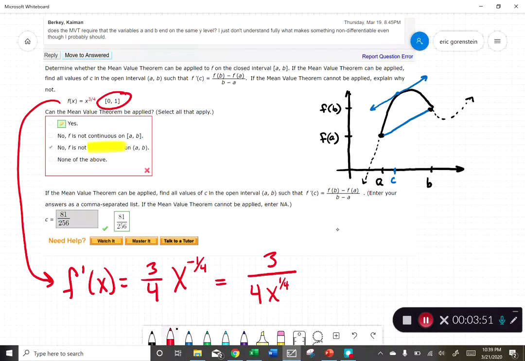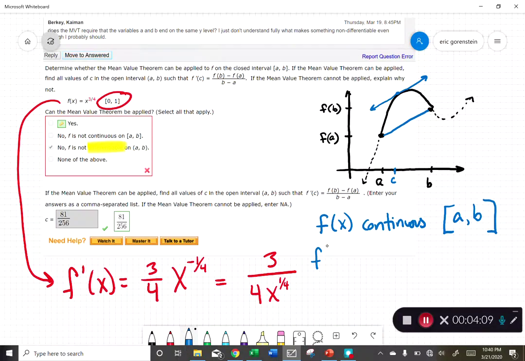So we need, let's change this to blue, we need f of x to be continuous on the closed interval a to b.